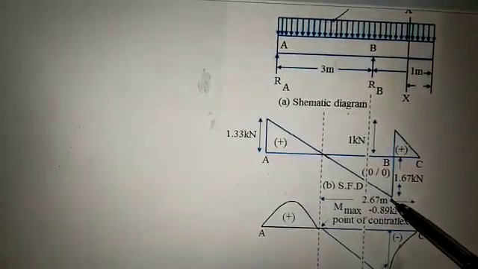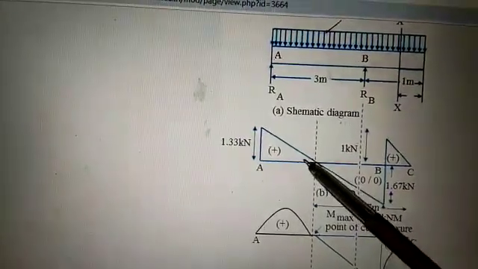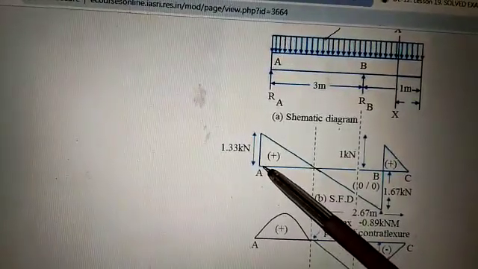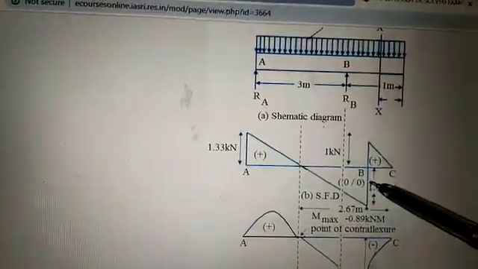So the value is kept here, then the value of this is kept here. Then it comes out to be 0, and the value of shear force is 1.33 kilonewton at E. So this is the shear force diagram we have drawn for the beam with overhang.